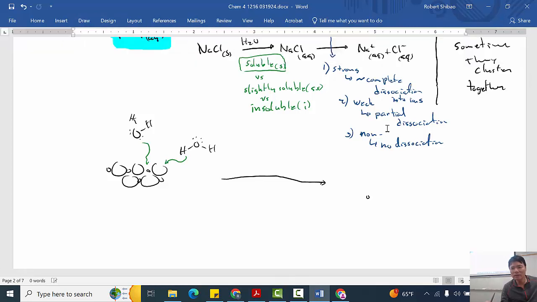And so we'll have a sodium ion like this, but it's not completely free because that sodium ion has a charge associated with it. The sodium ions are going to be what we call hydrated or solvated by water molecules. So these water molecules will surround the sodium ions, and what that does is it helps stabilize the charge.